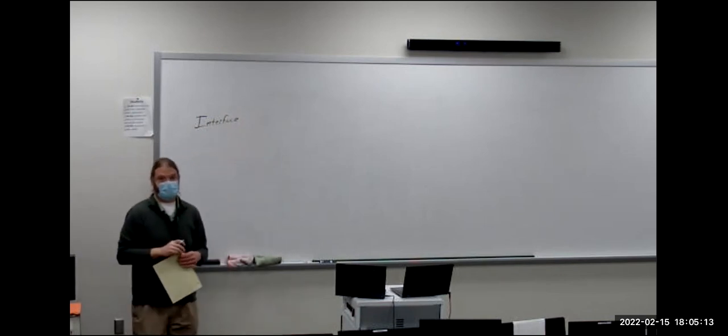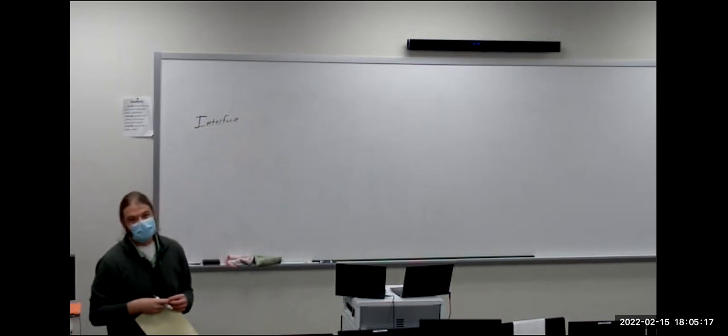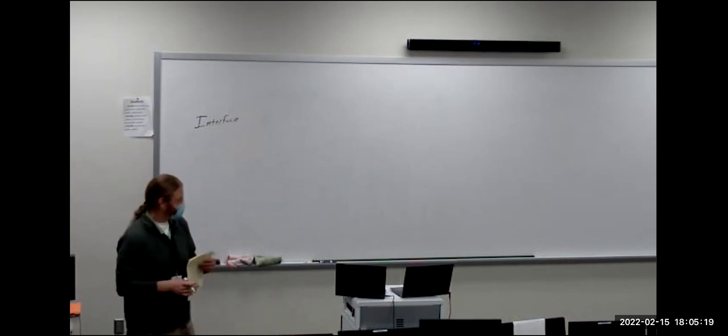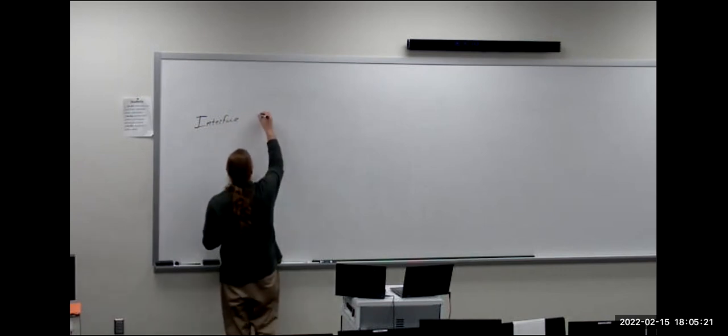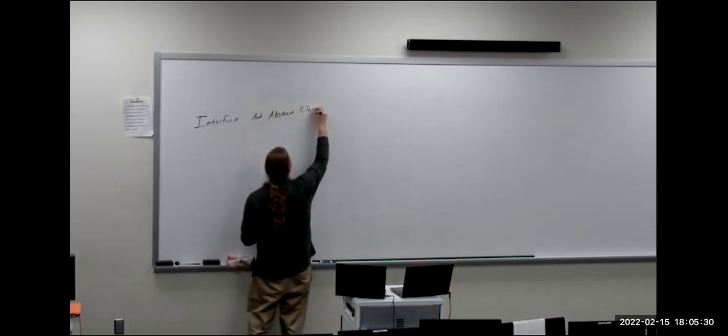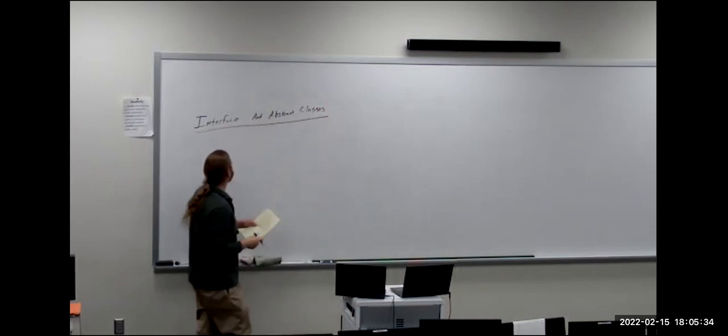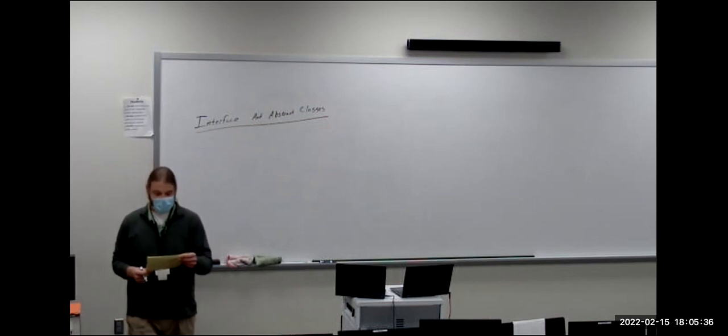A special type of class, and the notation for it when we set them up looks very, very similar. It's called an interface. I'll go ahead and put that on the label. Interface and abstract classes.